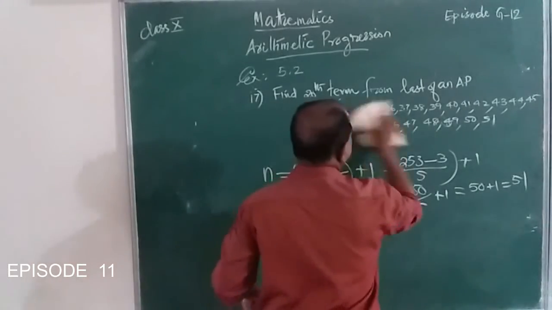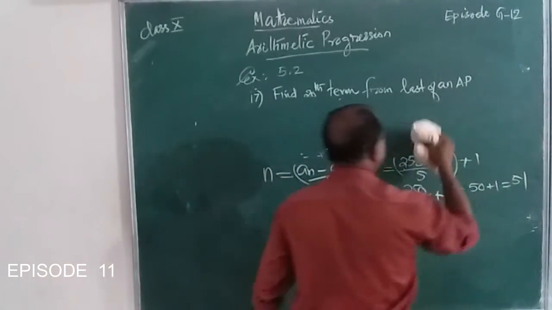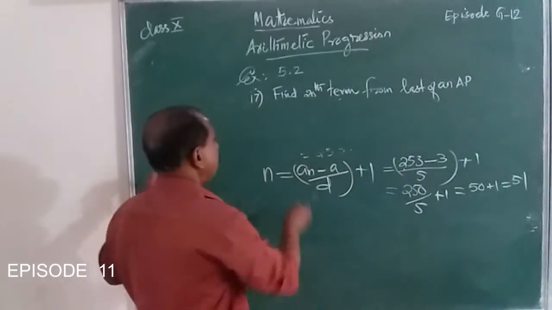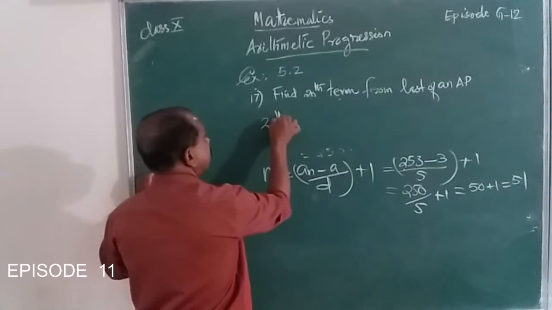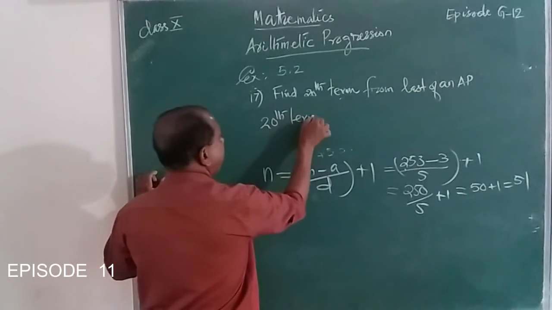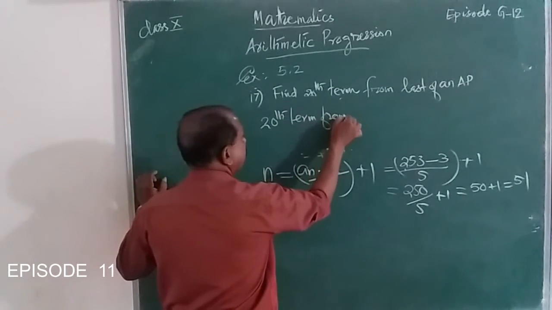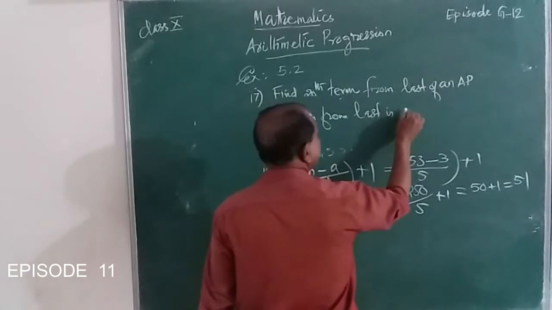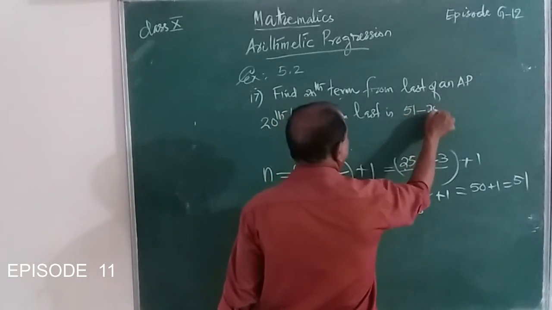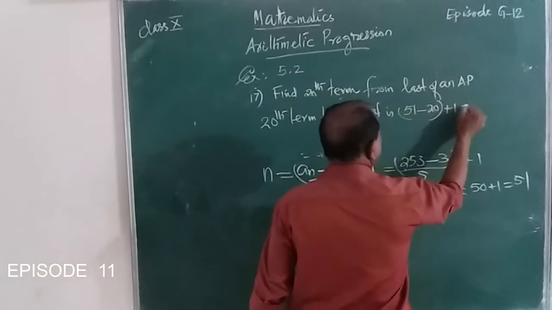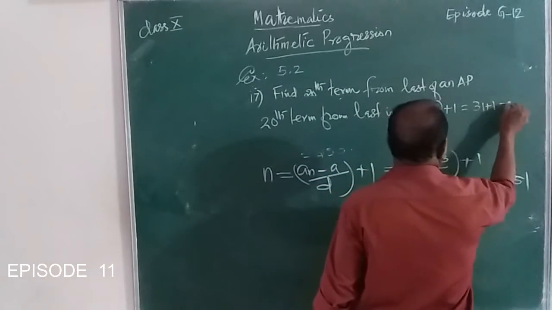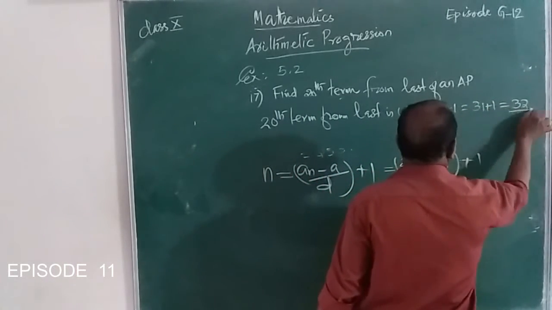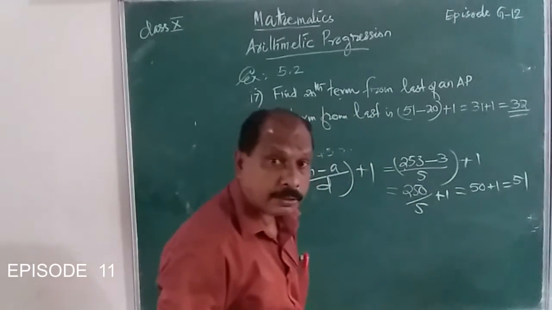Therefore, the 20th term from the last is 51 minus 20 plus 1, which is 31 plus 1, equal to the 32nd term. Therefore, we can find the 32nd term.